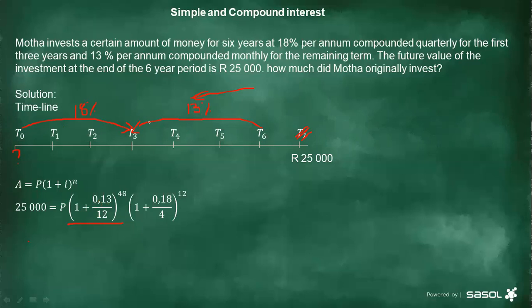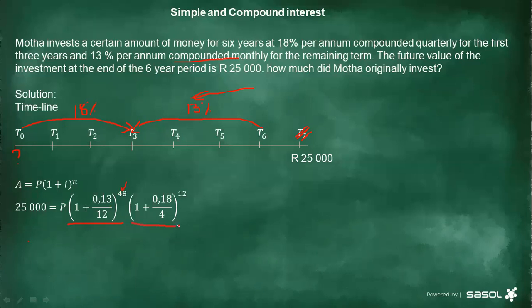Why 12? Because it was clear from the scenario that it's compounded monthly, and we agreed earlier that monthly is 12. And because from T6 to T3 is 4 years, we multiply 12 times 4, which gives us 48.